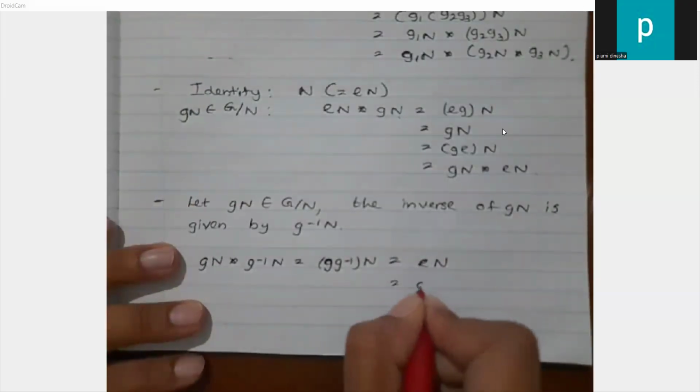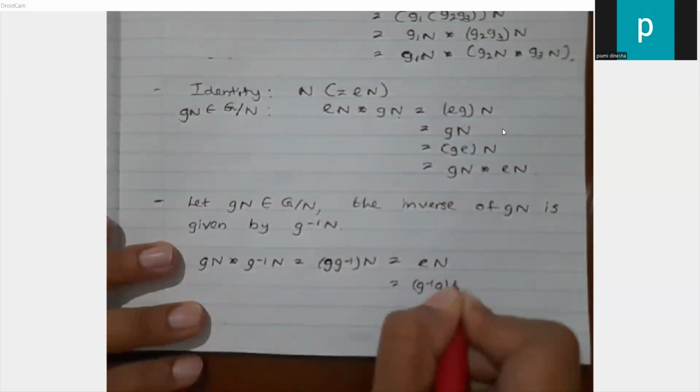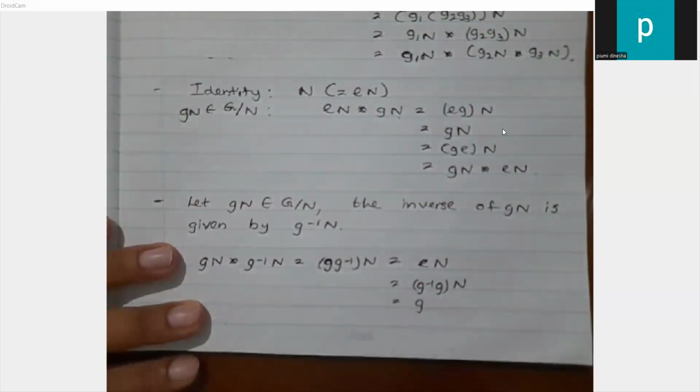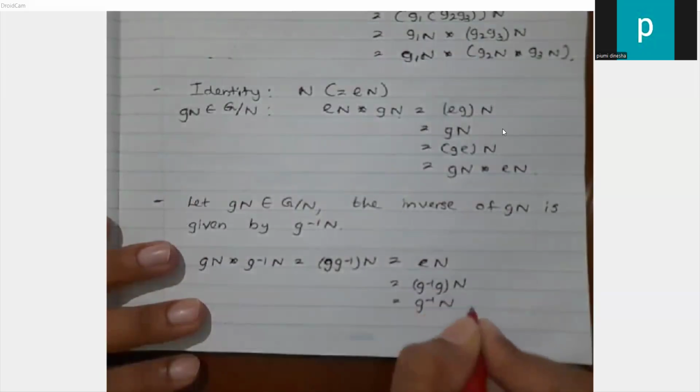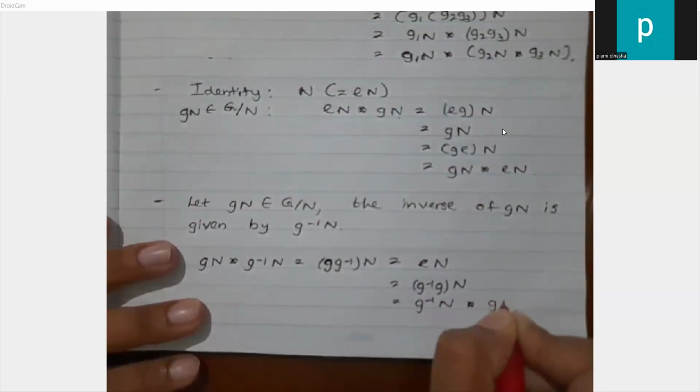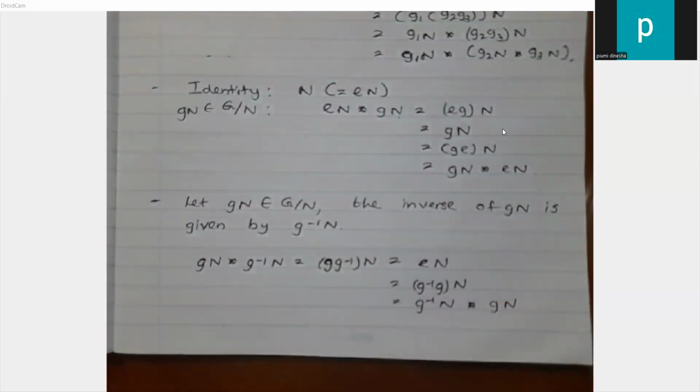Using the definition of star, this is g inverse N star gN. The inverse is unique because g inverse is the unique inverse of g.